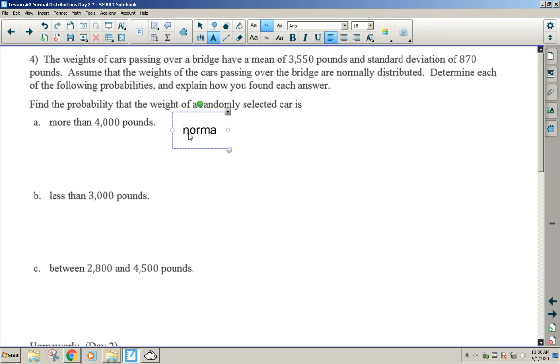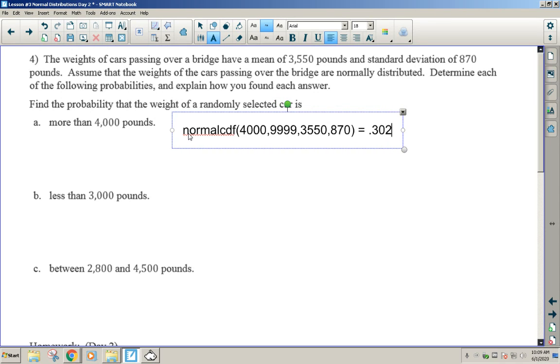If I used the actual, I would have to go back and put in the mean and the standard deviation. So that's the difference. If you're using the z-score, you have to calculate the z-score, and you have to use 0 and 1. If you're using the actual, you could just put in what they have.